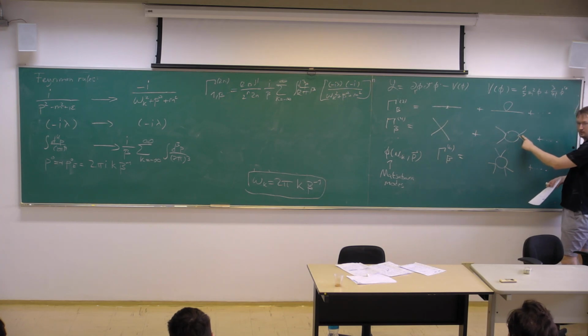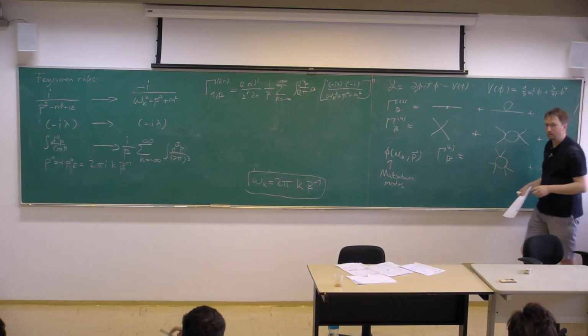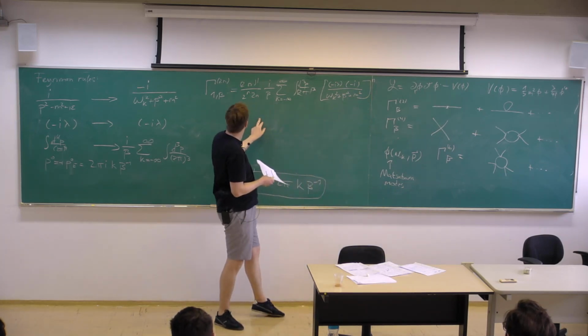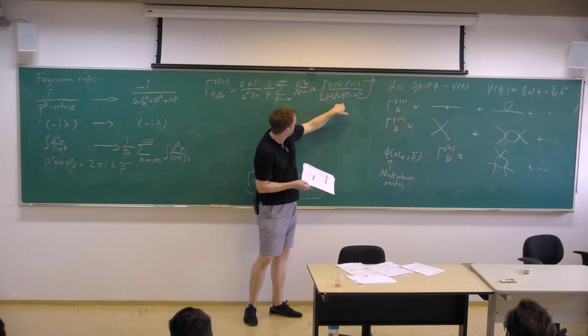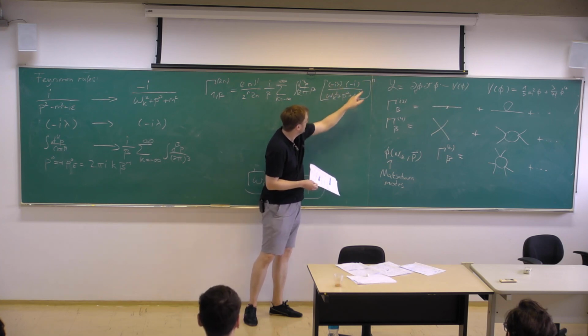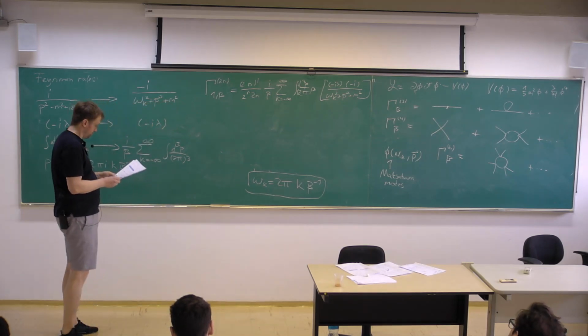For each vertex I have 2 outer fields and 1 internal propagator, to close the loop. So each vertex comes with 1 propagator and 1 vertex factor.